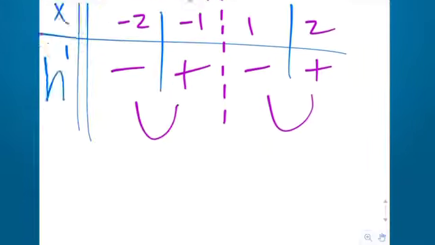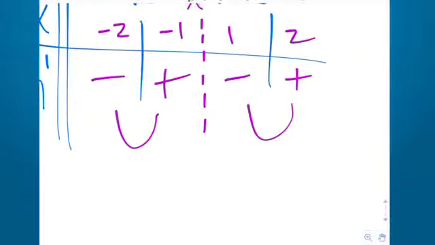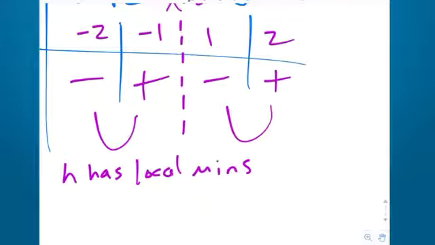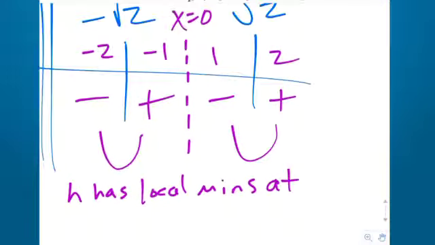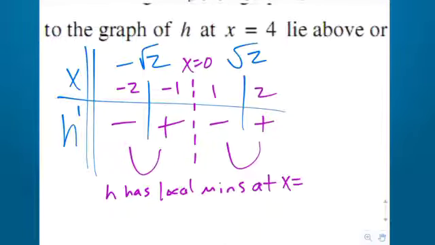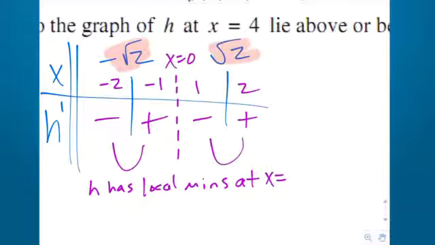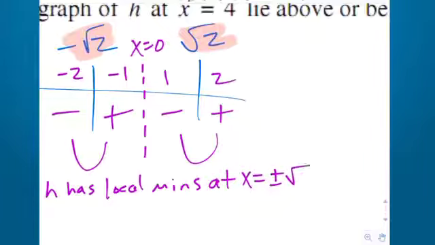All right. So now we write the sentence. H has local mins. It said to find the x value, so we don't need the actual mins. So we say at x equals. And you got to be careful here not to use -2 and 2. That's why we wrote the critical values way up here. At x equals plus or minus the square root of 2. So you can clump them together.